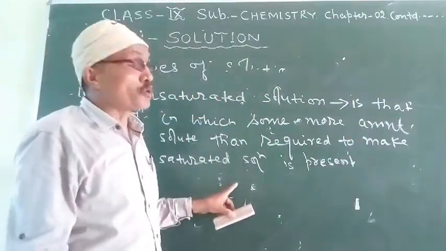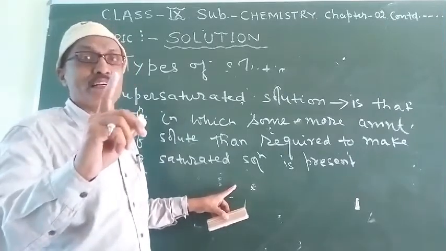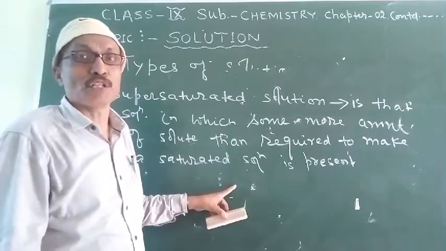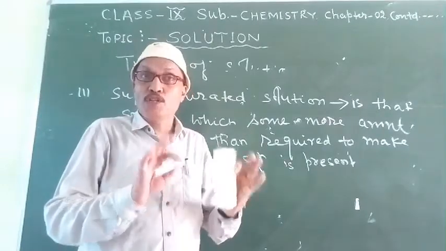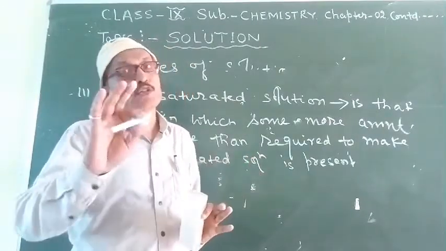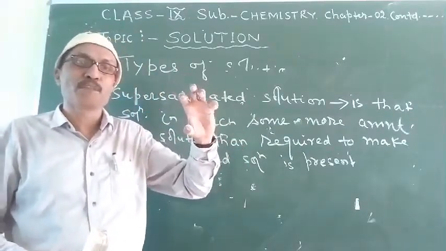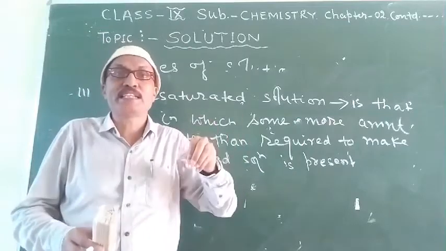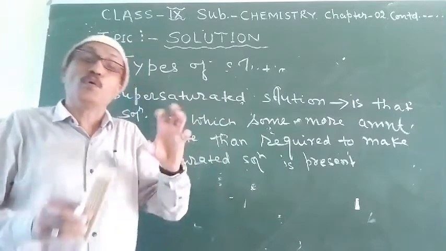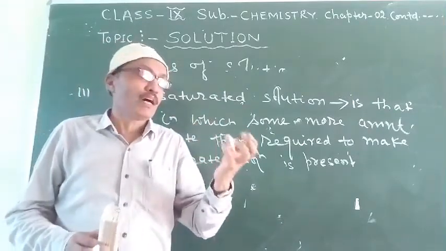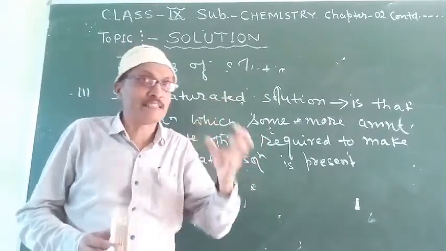Okay, and this solution, my dear students, is made only by heating a saturated solution, because in the absence of heat you cannot dissolve any more solute in a saturated solution. So if you want to make a solution supersaturated, you will have to first heat a saturated solution, and then only you can dissolve some more solute in it.